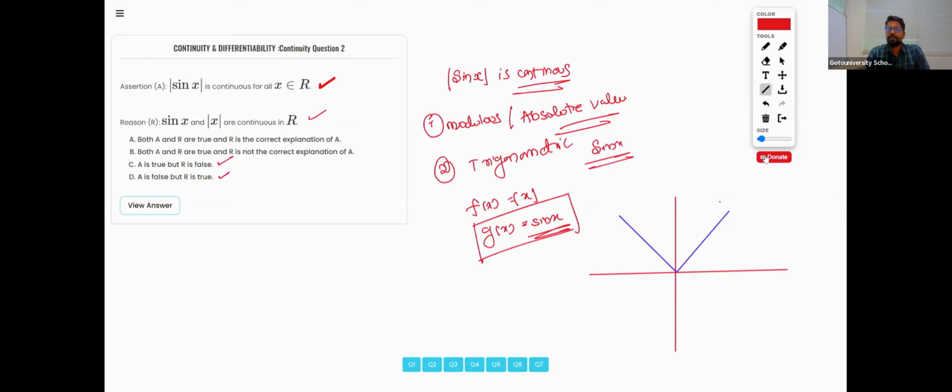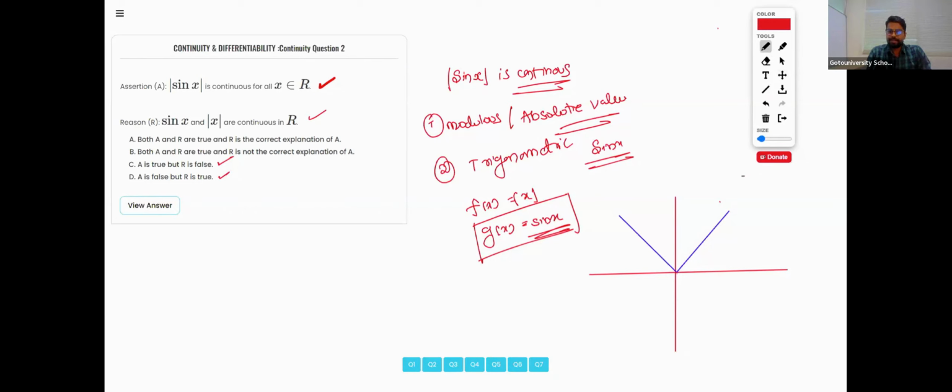This curve continues towards infinity on either end.